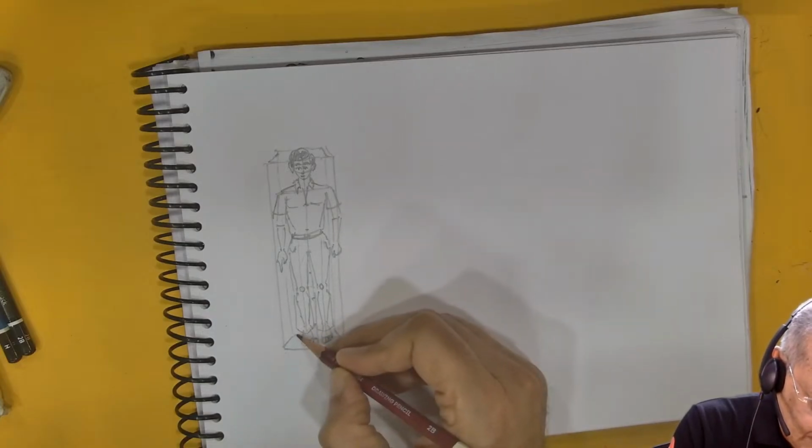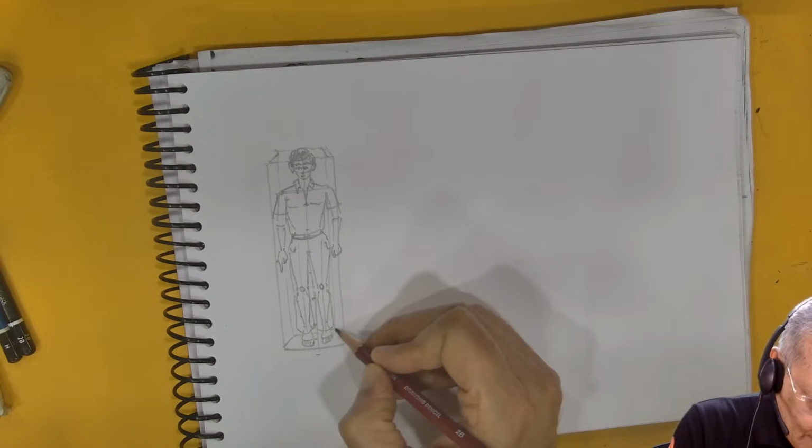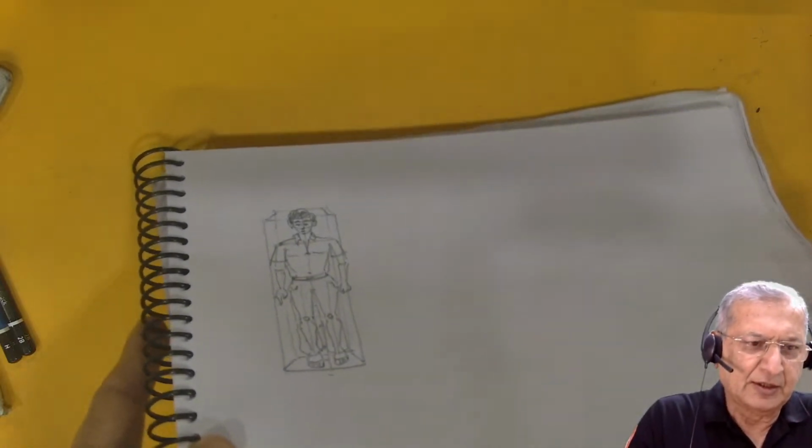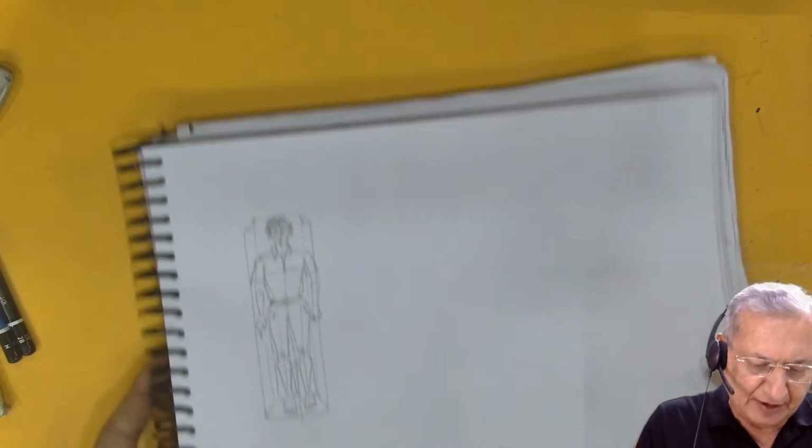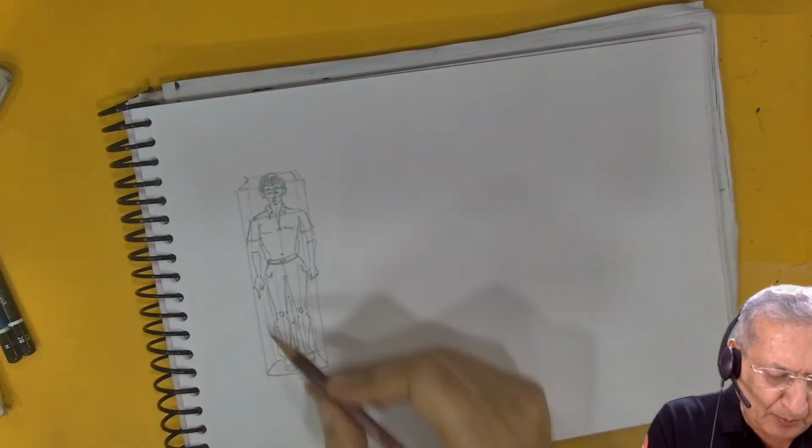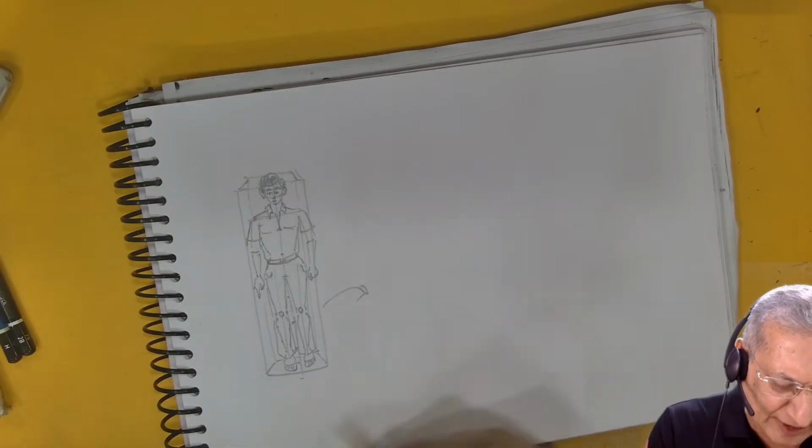Now you want to see it in perspective. So you turn the cuboid and you get the perspective. Right? So let us play with it.